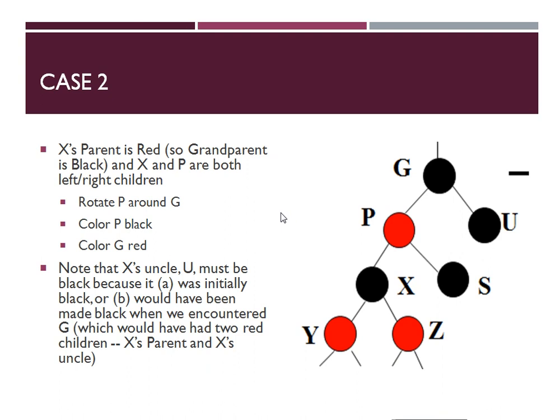Now note that X uncle, that is U, since X parent is P and uncle is U, must be black because it was initially black and would have been made black when we encountered G. When we encountered G, it would have been made black, which would have two red children, X parent and X uncle.